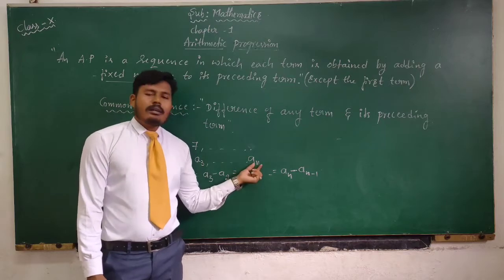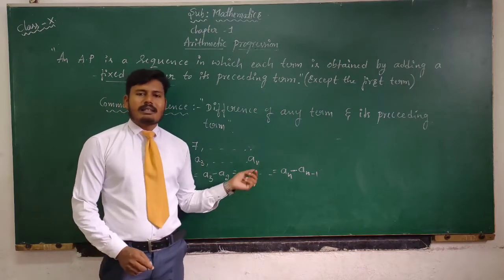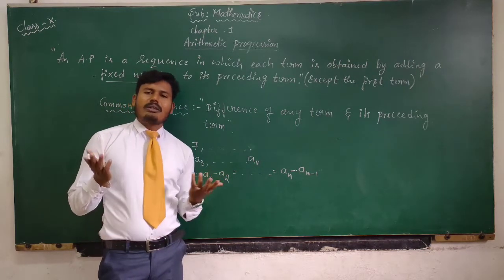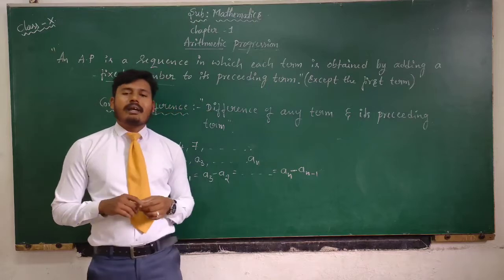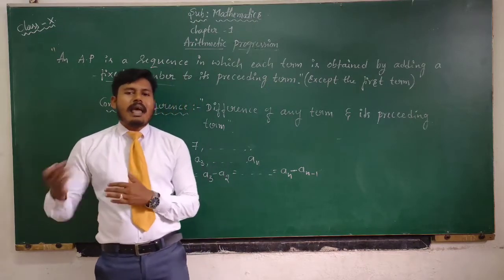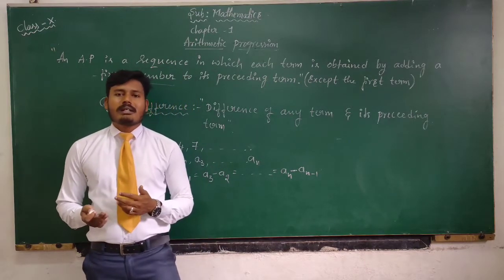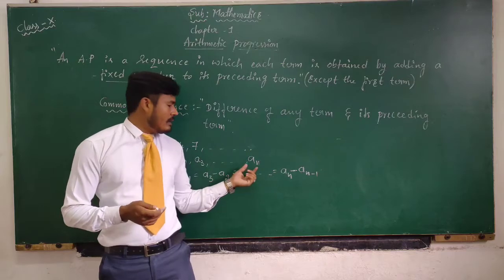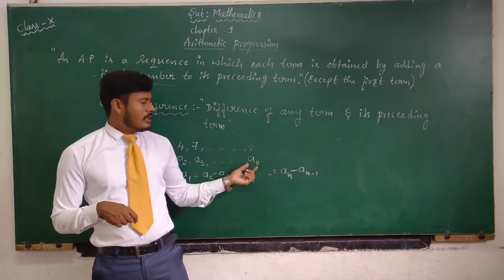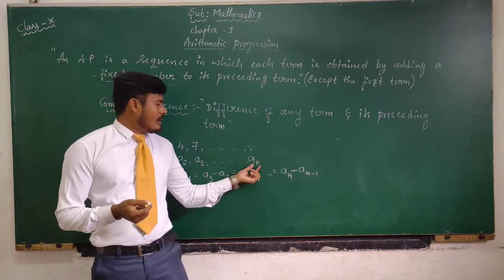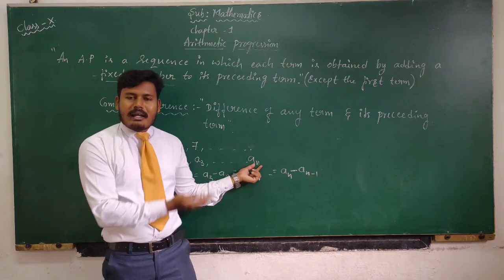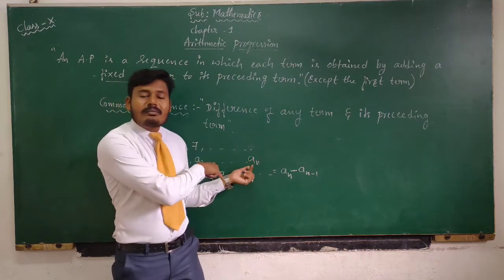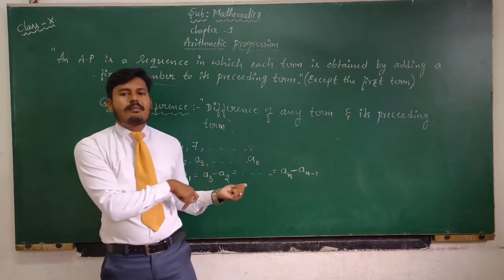So n is nothing but a variable. We know the definition of a variable: it doesn't have any fixed value, but it changes according to our requirements. Suppose you put n as 10, you will get the 10th term.